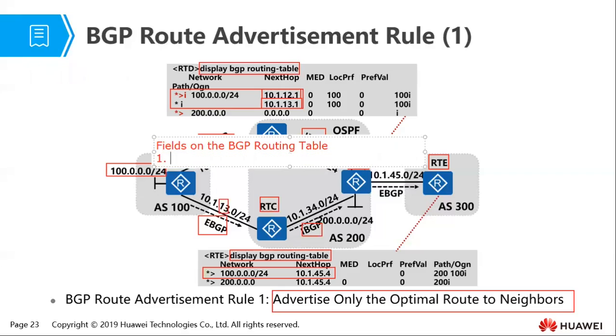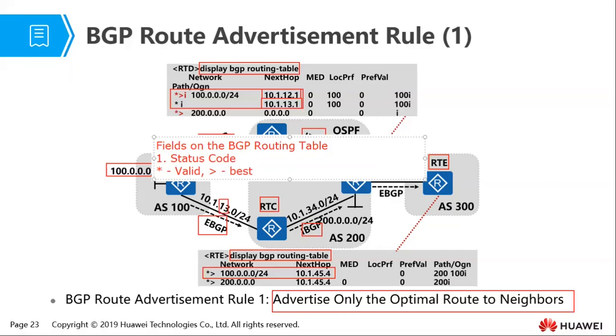Okay. Now, the first field is called the status code. The status code has a sign, that particular sign, which means that the route is valid. Let me use a hyphen. So this means the route is valid. Then we have the greater than symbol.